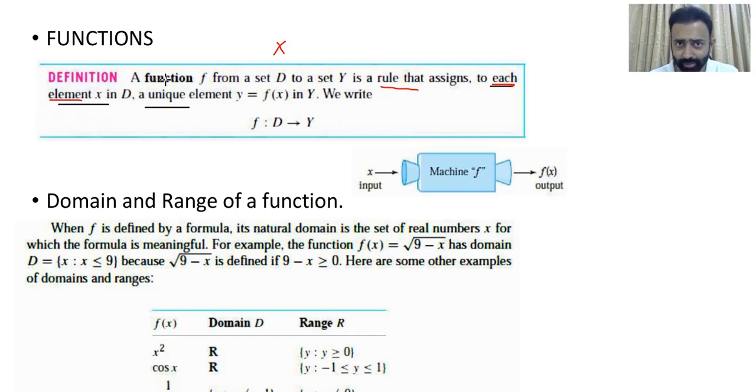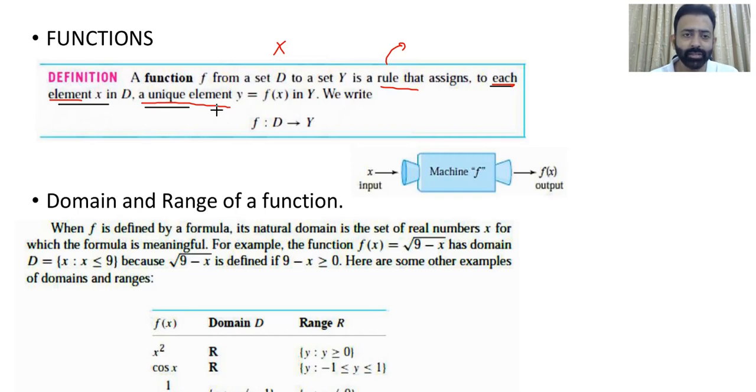The concept which I have just told you, that each and every element must be occupied in the input. So to each and every input, it assigns. What assigns? The rule. The rule that assigns to each element x in D a unique element in Y.